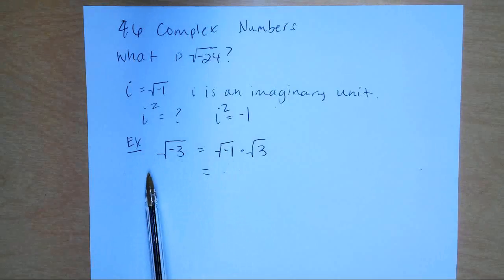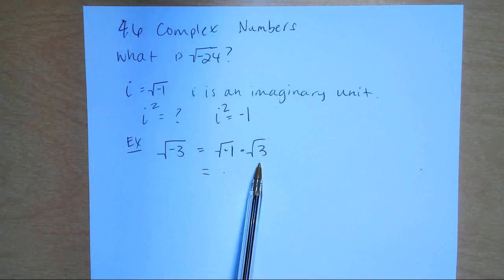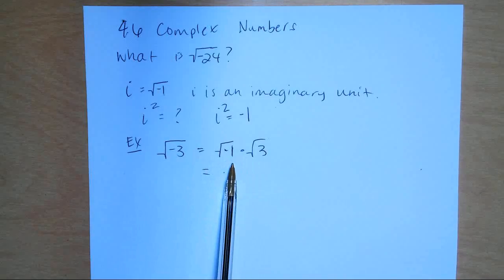Why can I take the square root of negative 3 and write it as the square root of negative 1 times the square root of 3? Why? It starts with a P. Ends with properties. Properties, yes. Okay, properties.